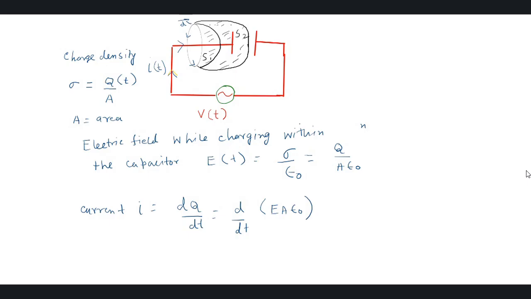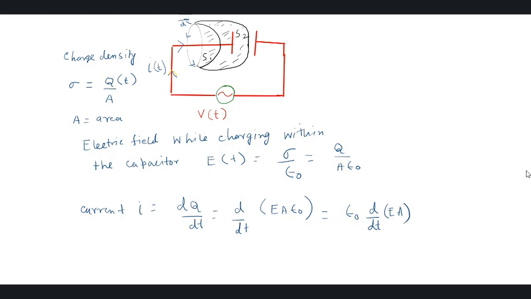Now as A is constant for the plates, that is the area is constant, and epsilon naught is constant, this can be written as epsilon naught A d/dt of E. And what is actually d/dt of EA?